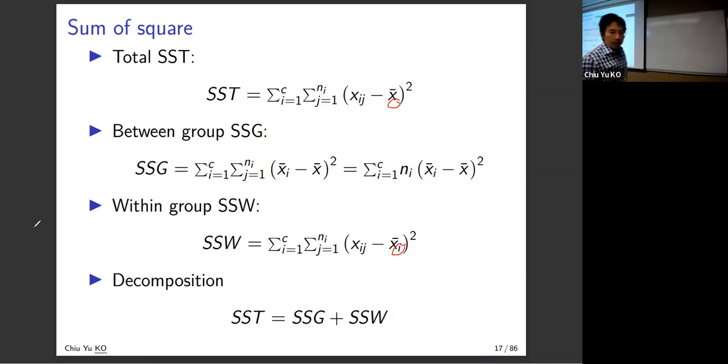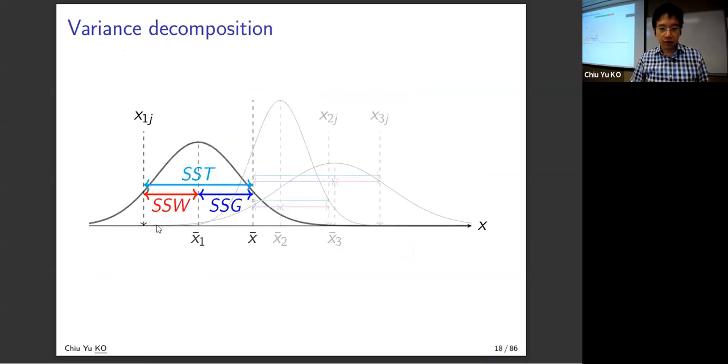Now look at this black curve. Observation 1J belongs to group 1. If you calculate the distance from this to the grand mean, square it, and total it, that's the SST.